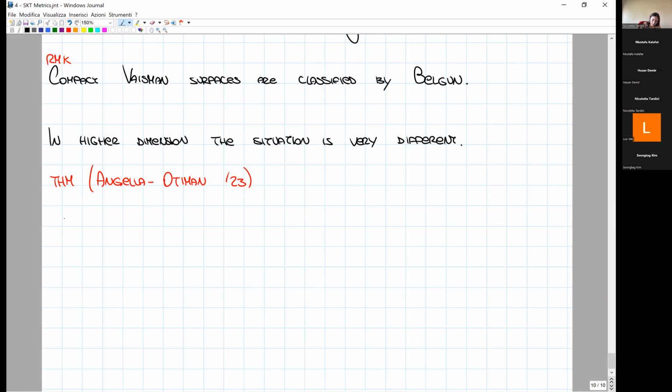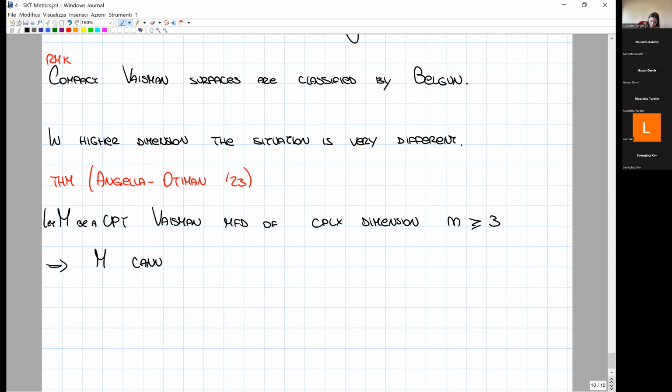So if you have M, a compact Vaisman manifold of complex dimension n bigger or equal than 3, M cannot admit any SKT metric.